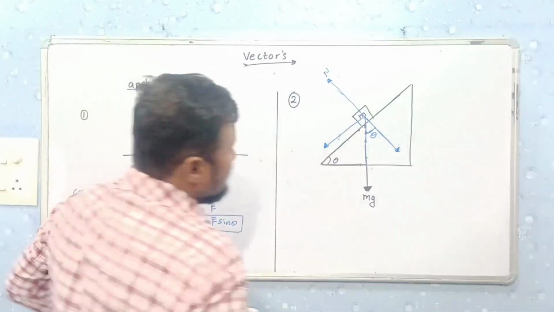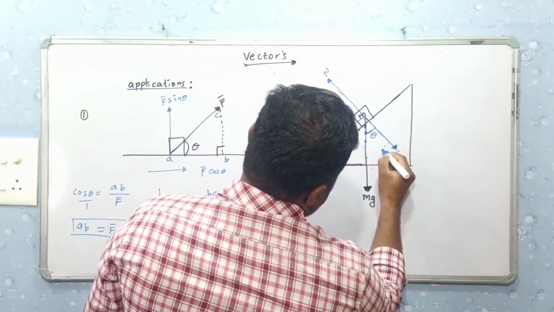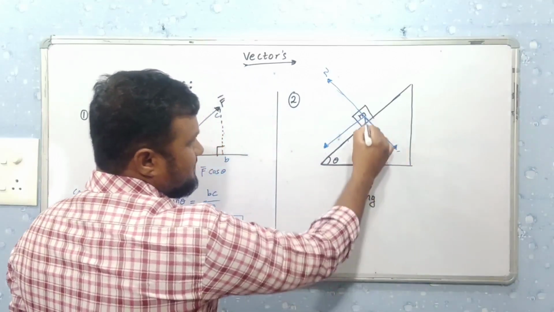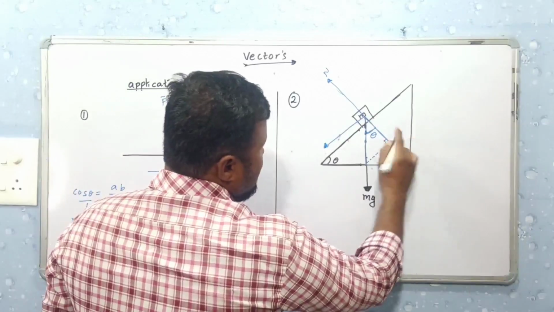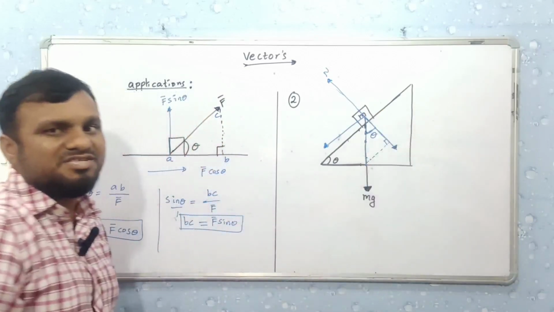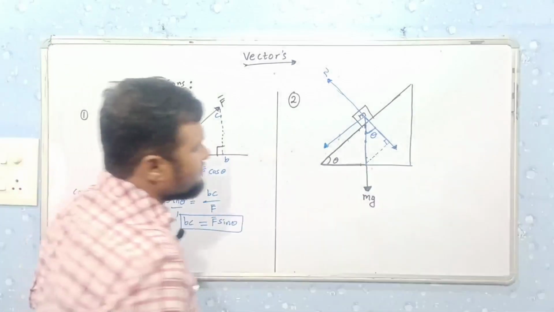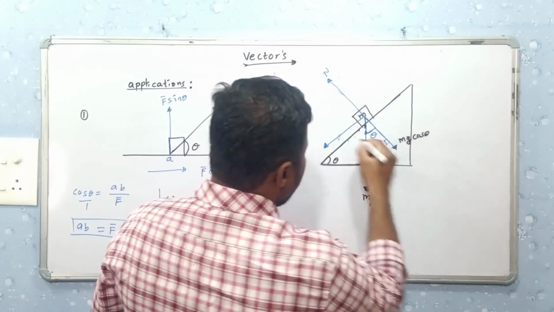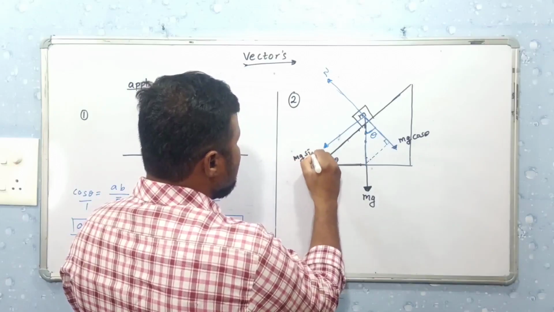Now we can observe here a right angle triangle. Okay, you are observing here the right angle triangle. Yes, this is a right angle triangle, 90 degrees. Since theta is on this side, compulsorily this component has to be cos theta. Which side theta lies, that side always cos theta. Now this has to be mg cos theta and opposite this has to be mg sin theta.